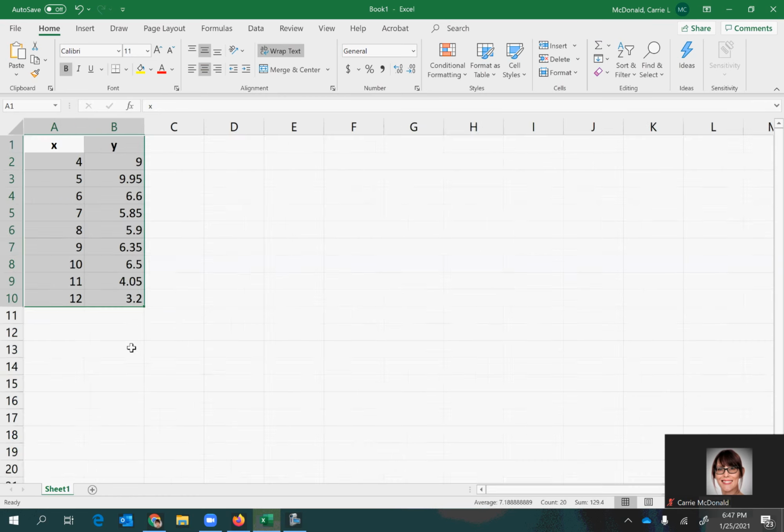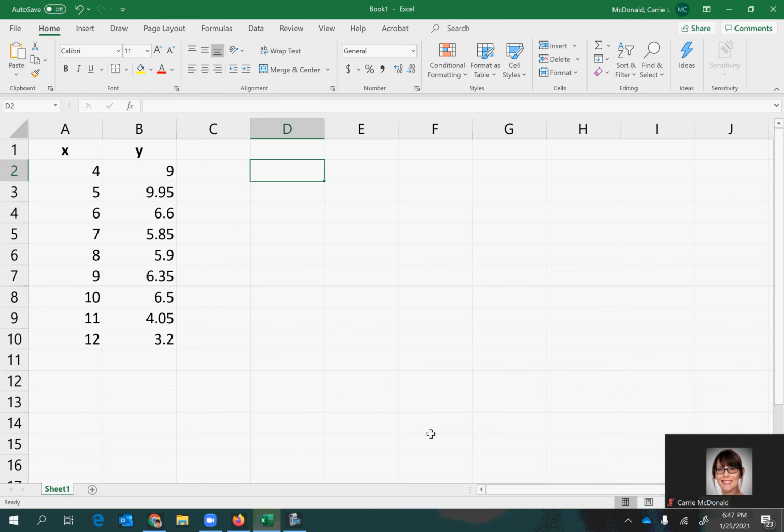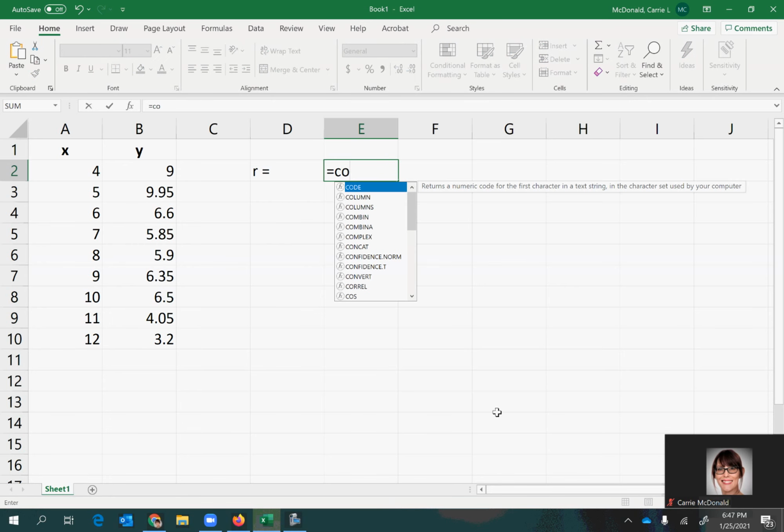To calculate the correlation coefficient, just get into a cell, press equals, and start typing in correlation. After a few letters, you'll see that this is recommended, CORREL, C-O-R-R-E-L, and it returns the correlation coefficient between 2 data sets. Perfect, let's do that.